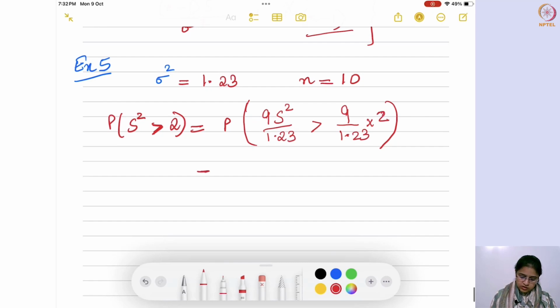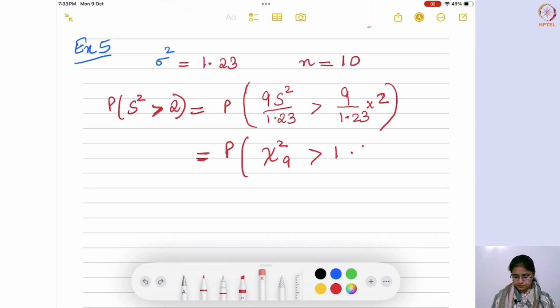So here this would be basically a chi-square random variable with the 9 degrees of freedom. And here if we solve this, this would come out as 9 times 2 divided by 1.23, which comes around 14.63.